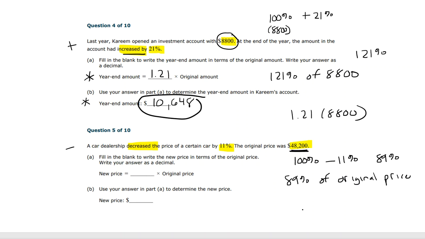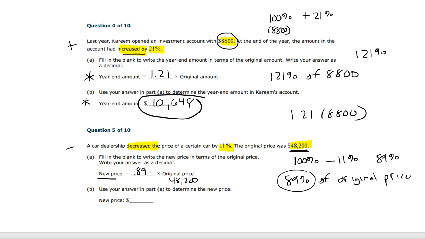So to figure this out, we just take the 89%, we change it to 0.89, and we multiply it by the original price, which is $48,200.